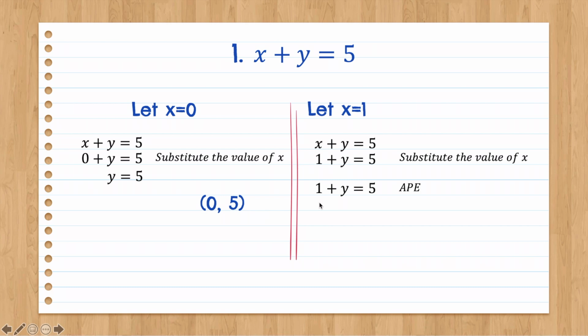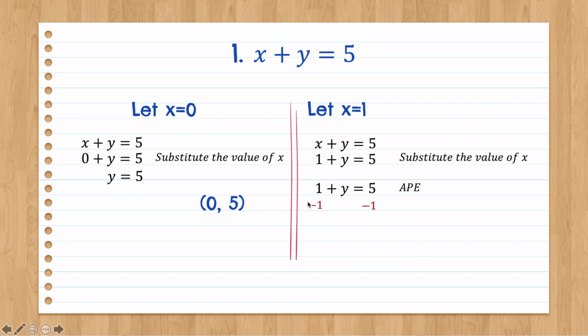So, parang yung rewriting natin ng standard to slope-intercept form, kailangan ma-isolate mo dito yung variable y kasi yung y nga yung hinahanap mo. So, we will apply APE or addition property of equality. Whatever value you will add to the left side of the equation, yun din yung i-add mo sa right side of the equation. So, ito, kukunin mo yung additive inverse niya. So, yung 1, mag-a-add ka ng negative 1.